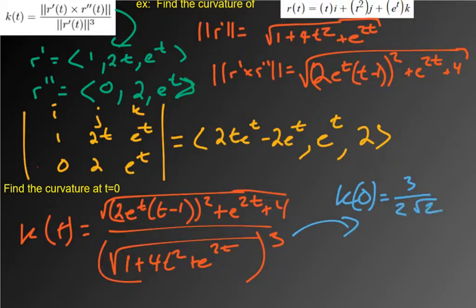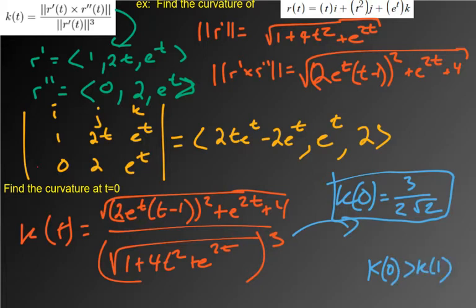This is kind of a unitless number, but it's more about a comparison, like to have curvature at 0 be greater than curvature at 1, that's more what we're curious about. And then there's also the notion of negative curvature or positive curvature, and that does relate to the direction it's turning.